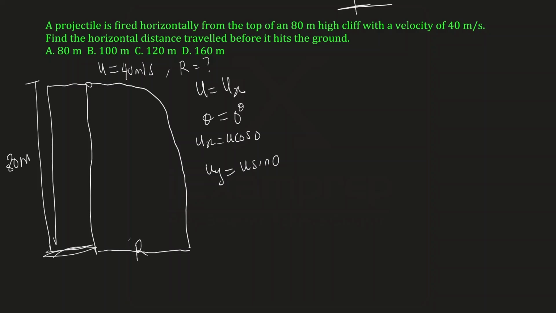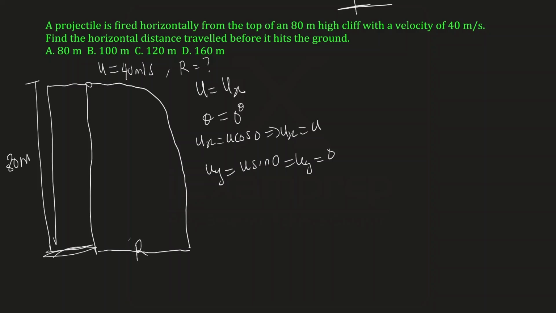Since cos 0 is 1, ux is equal to u, and sin 0 is 0, so uy is equal to 0. So understand that when an object is projected horizontally, all the velocity belongs to the horizontal component. Your ux equals u, your uy will be equal to 0. You should have that at the back of your mind.